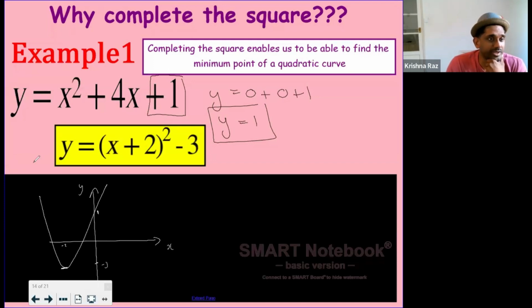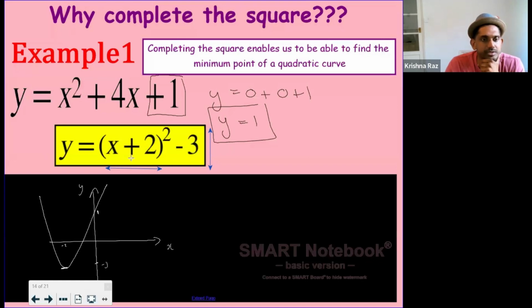And the minimum point I can get by just thinking like so. When we have a number in the bracket, that will be in the x direction. And when we have a number outside the bracket, it will be in the y direction. Funnily enough, the number in the bracket will go in the opposite direction to what you would expect.